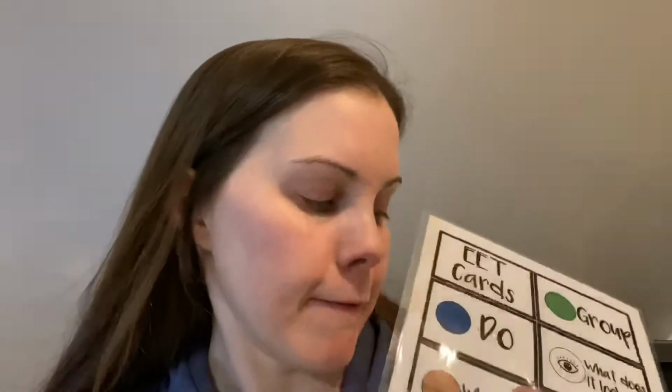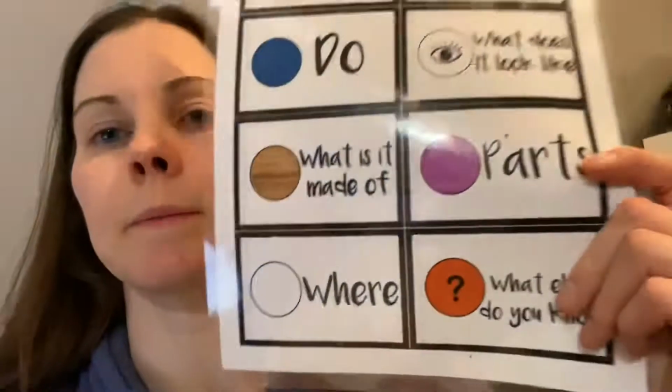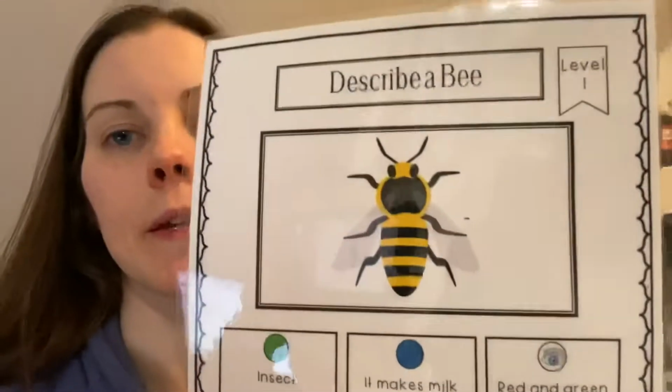Then you have what it's made of. So that's like, for instance, a spoon is made of metal. And then you have parts. So parts is what parts does the object have? So for instance, a bee has wings and legs and eyes. Then you go to where.